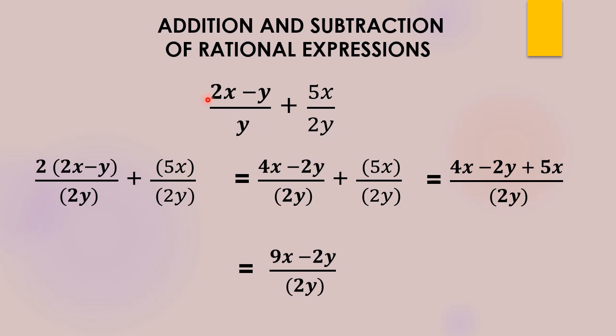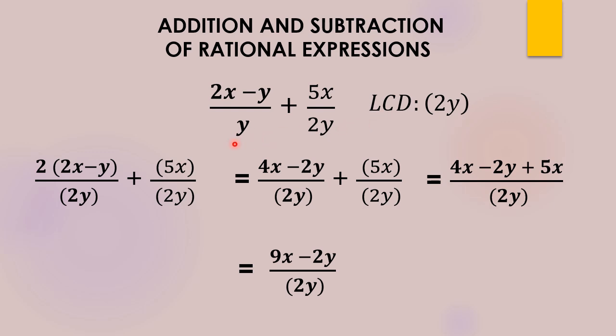So I have here 2x minus y over y plus 5x over 2y. Again, these two rational expressions have different denominators. So we need to find the LCD. So the LCD here is 2y. In some cases, we don't need to multiply both denominators in order to find the LCD.